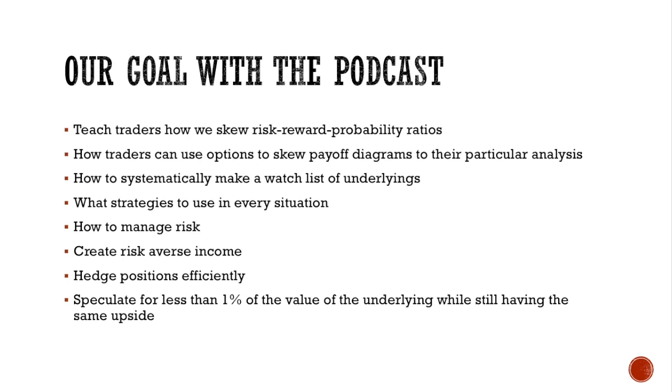On top of that, you're able to roll losers, manage winners, and if that isn't enough, you're able to skew it in such a manner where if you're wrong, you still make money. And so what strategies to use in every situation, how to systematically make a watch list of underlyings, that's more for beginners, but it's still good for advanced traders to listen to. How to manage risk: many people don't know what the Kelly criterion is.